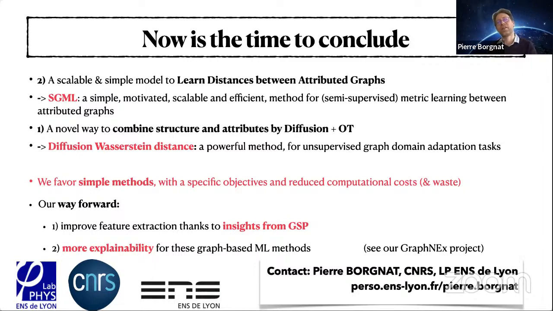The way forward is that I think we still have many things to do using insight from GSP in machine learning to improve feature extraction. And also what we are working on now is to have more explainability of these graph-based machine learning methods. So I thank you for your attention, and I'm open to all questions, naturally.